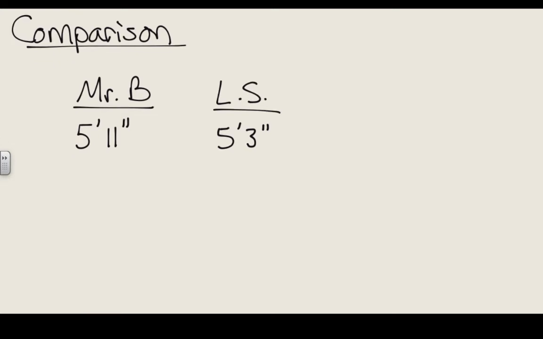So it's 5 feet and 11 out of 12. This would be 11 inches out of a total of 12 inches. This is exactly what we were looking for. How would we convert Landon Smith's measurement then into this same sort of format? Liam?